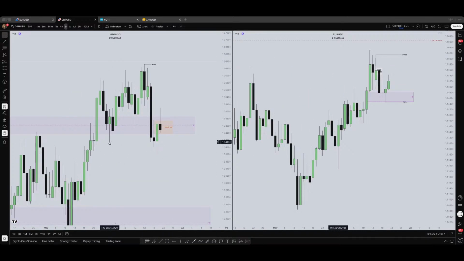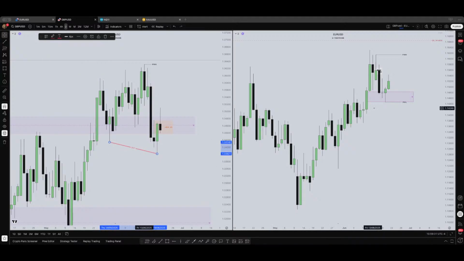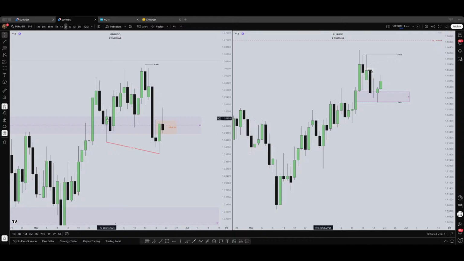So we have this from here to here, a lower low. This is 29.5.